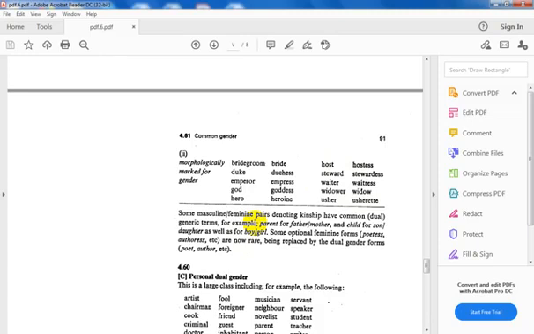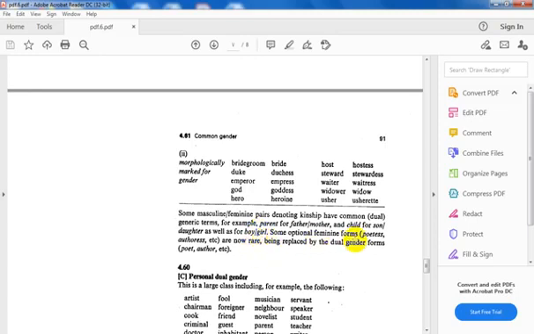Some masculine and feminine pairs denoting kinship are common, dual, generic terms. For example, parent refers to father and mother. Child refers to son and daughter. We say she is my child, he is my child. Child is for son, and daughter is feminine, as well as boyfriend for girl, boy, girl.